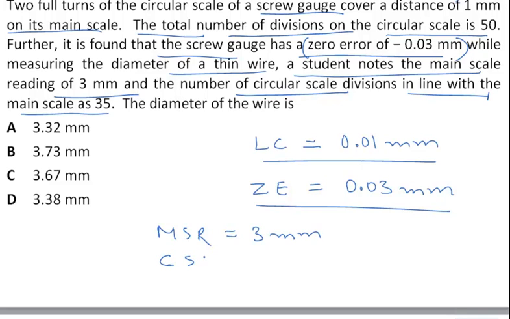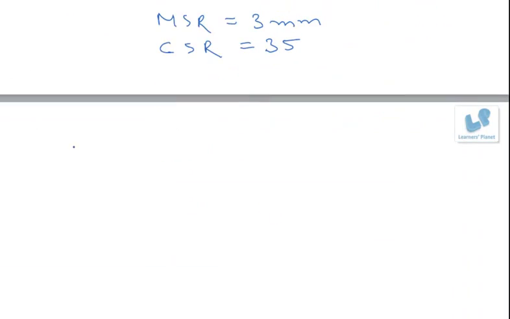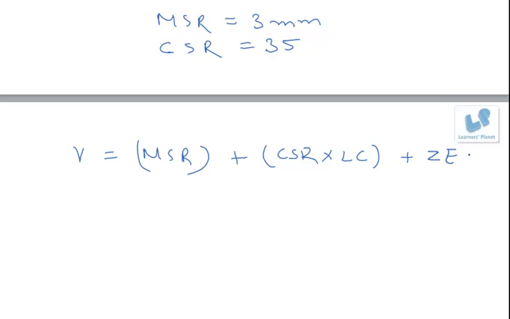So circular scale reading is 35. So the diameter of wire will be given by main scale reading plus circular scale reading into least count plus zero error.